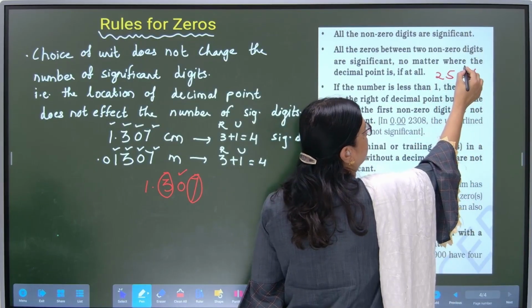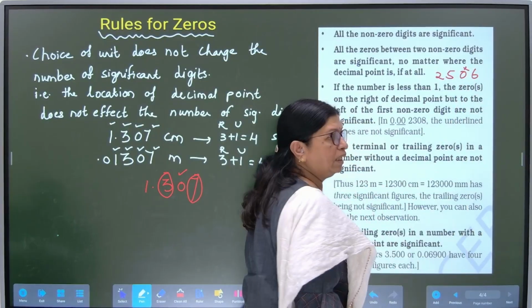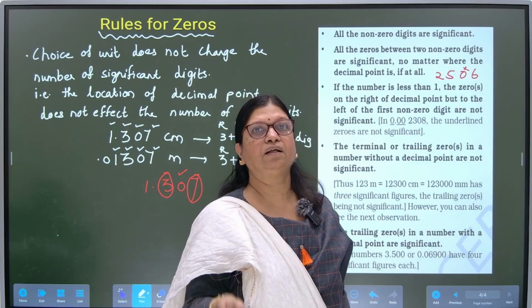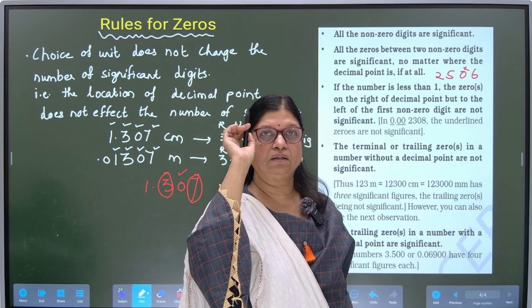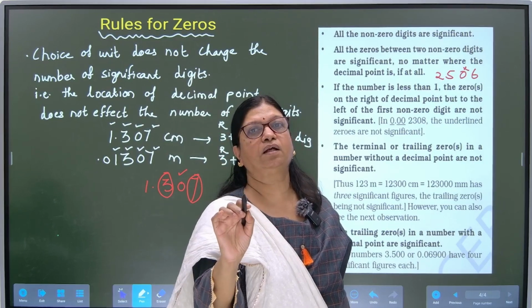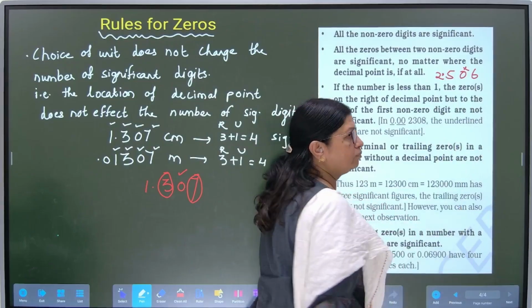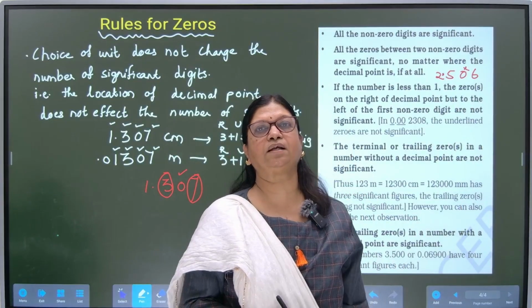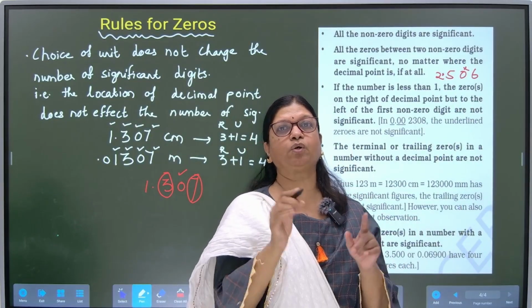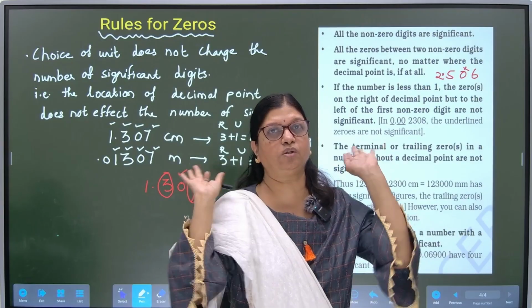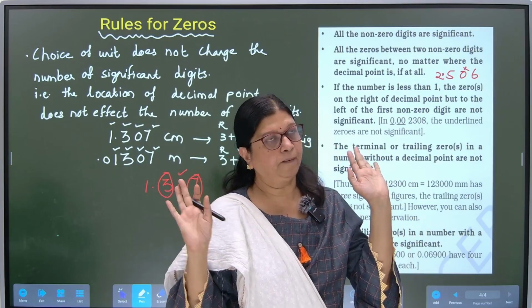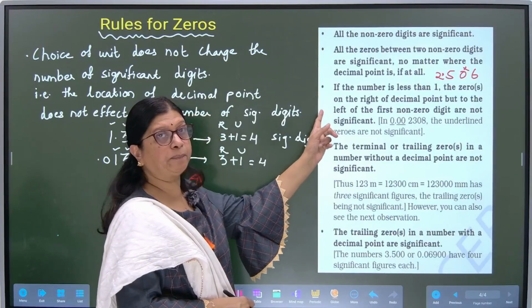The 0 which is available to us is between 5 and 6. That's why it is significant. Let me put a decimal point here. Then also 0 is significant in this case because it is between 5 and 6 which are non-zero. Simple. Fine.